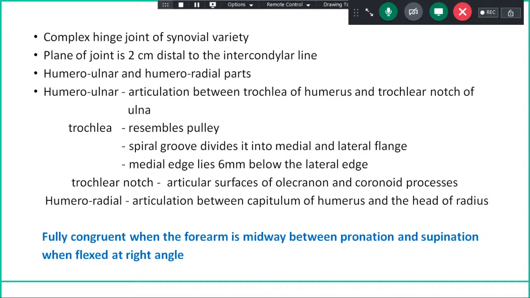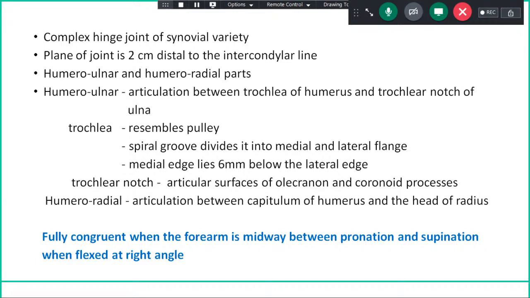The trochlea also resembles a pulley and is divided into a medial and lateral flange by a spiral groove, and the medial edge is about 6 mm below the lateral edge. The trochlear notch has articular surfaces present in the olecranon and coronoid processes. The humero-radial articulation is the articulation between the capitulum of the humerus and the head of the radius.